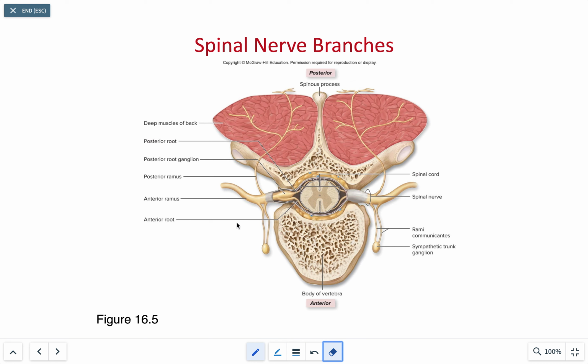So again, as information is coming in through the rami, if it's sensory, it's going to go through the posterior aspect, and once it receives the information, say from the skeletal muscular system, it's going to exit out the anterior, and it's going to still exit the same spinal nerve where the original sensory information came in.